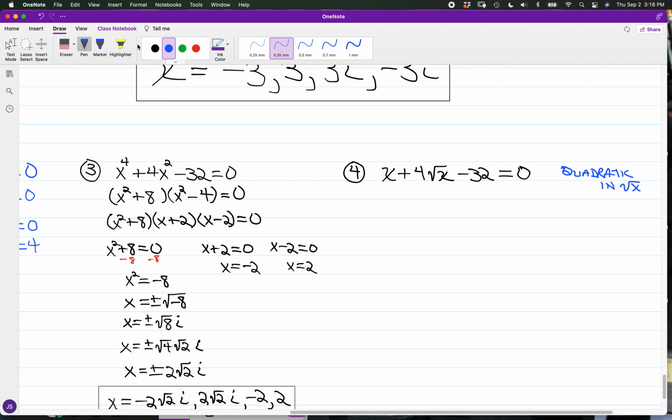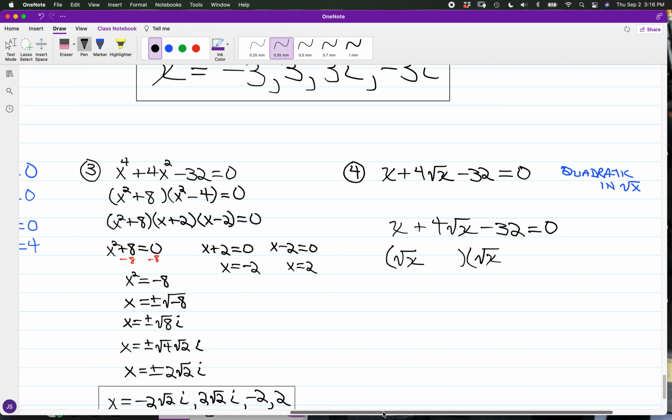With this expression, I can factor x into the square root of x times itself. So for the x, if I factor, then we'll have the square root of x and the square root of x.